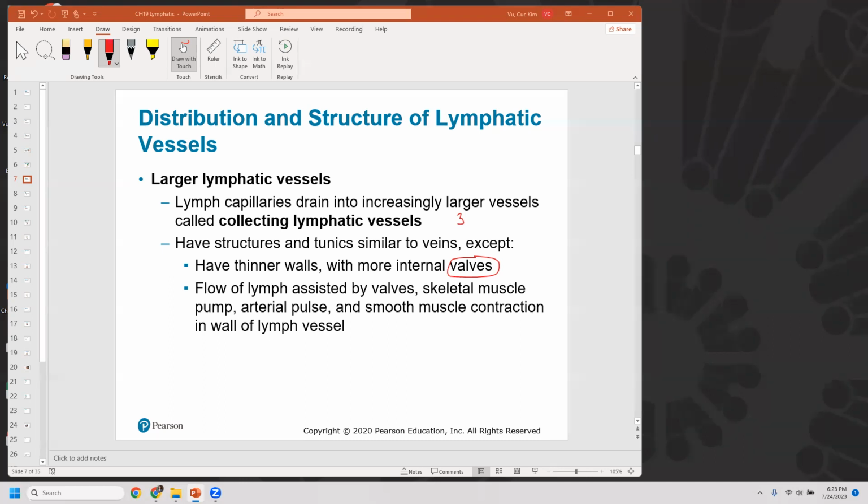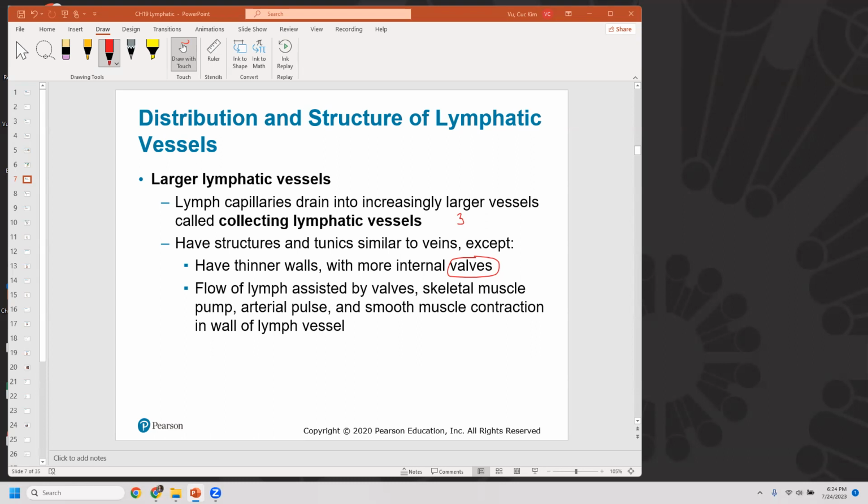So arteries don't need the valves because the blood pressure is what drives the movement of blood. But veins don't have that pressure. So they have to have valves that prevent the blood from going back after the skeletal muscle contracts or after the respiration. Okay.